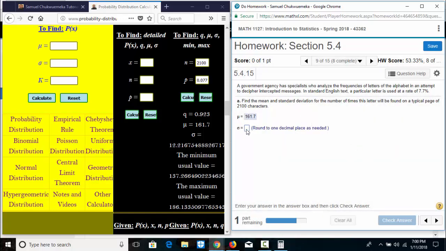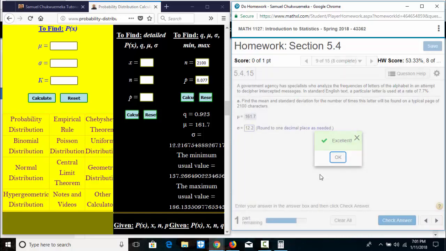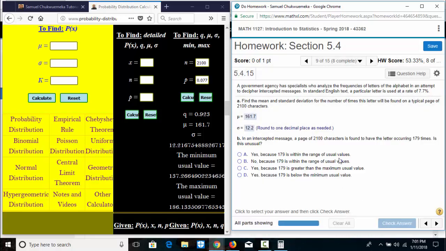The standard deviation to 1 decimal place is 12.2. In an intercepted message, a page of 2100 characters is found to have the letter occurring 179 times. Is this unusual?